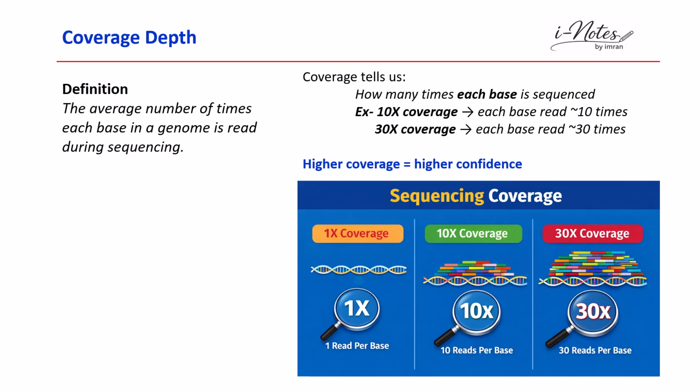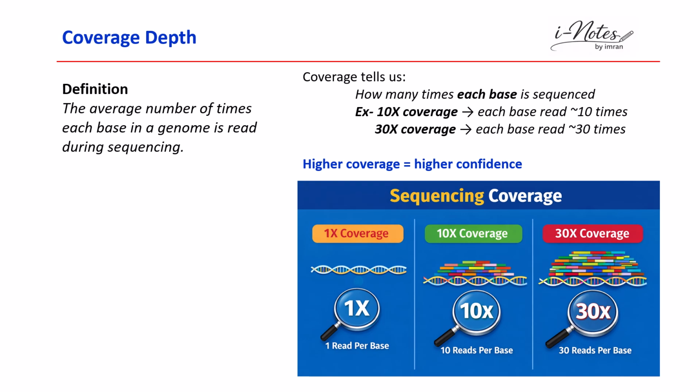For example, if coverage depth is 10x, that means each base is read 10 times. If it is 30x coverage, then each base is read 30 times. So basically, higher coverage will give you higher confidence. In summary, coverage tells us how many times each base is sequenced.